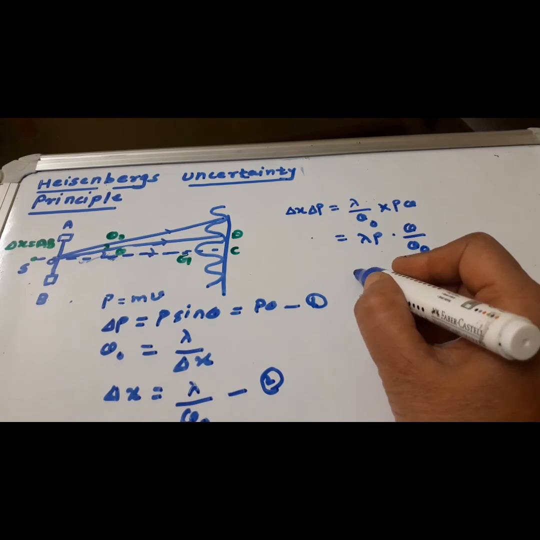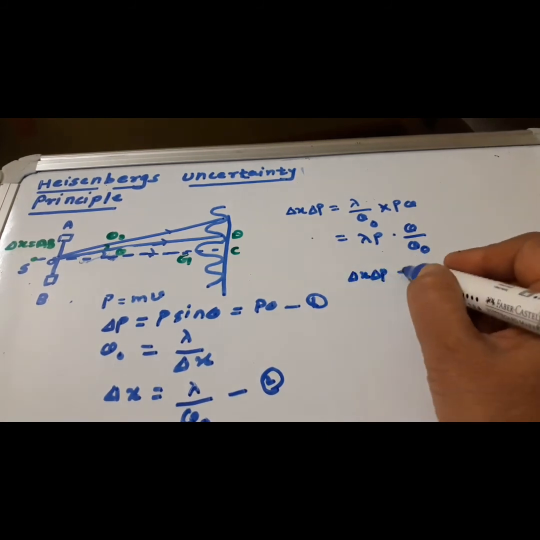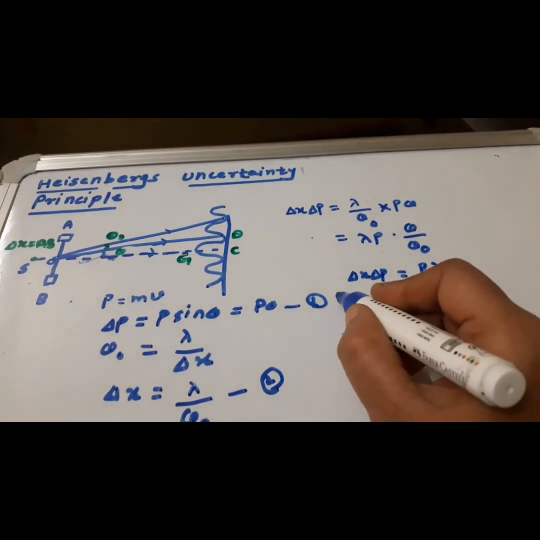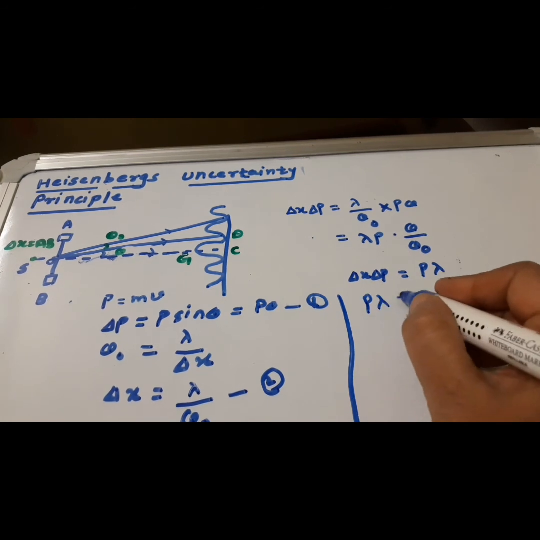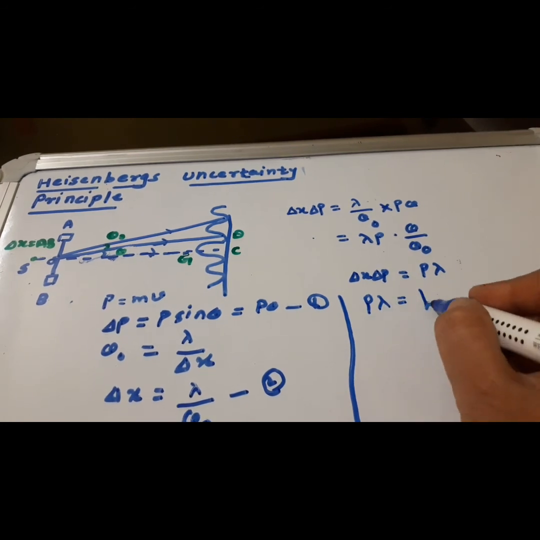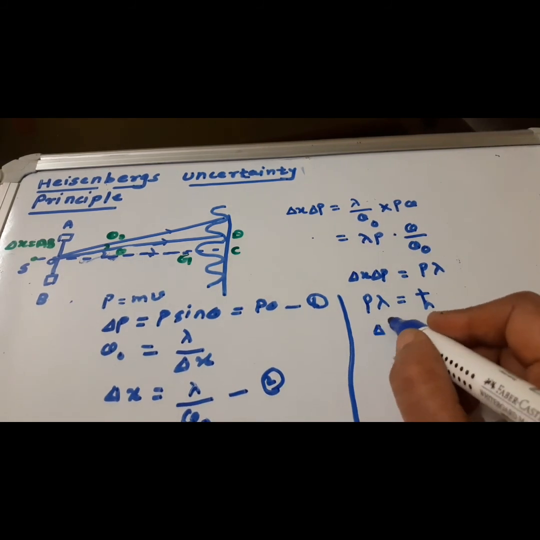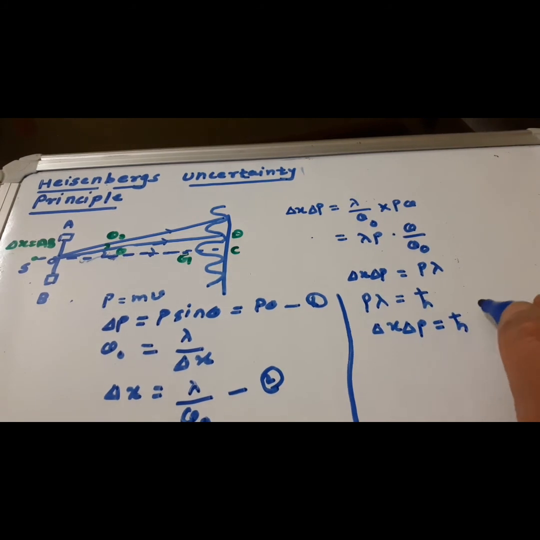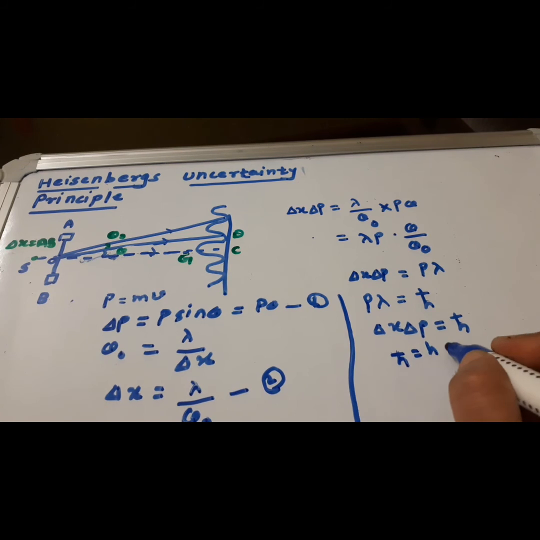Then we can write delta x delta p is equal to p lambda. But p lambda is equal to h cross. What is h cross? H cross is the reduced Planck's constant, and therefore delta x delta p is equal to h cross. H cross is equal to h upon 2 pi.